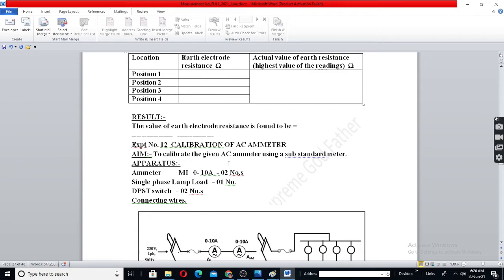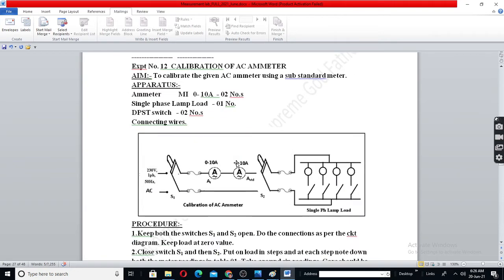12. Calibration of AC ammeter. Okay. So what is calibration? Calibration means finding error in a particular instrument.